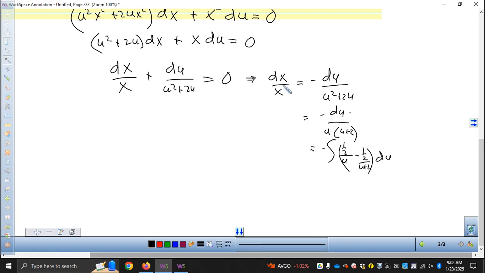So when we integrate here, we get the natural log of x equals negative 1/2 natural log of u minus 1/2 natural log of u plus 2, sorry, this is a negative out front, there we go, plus c.